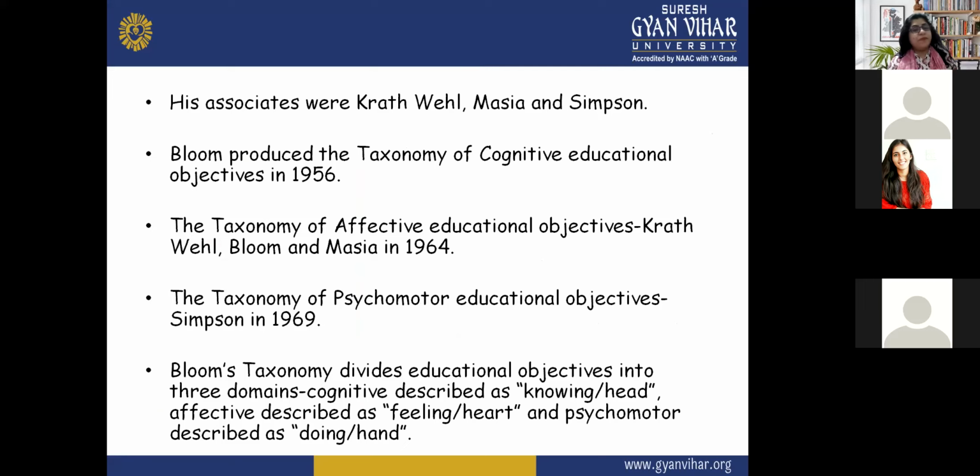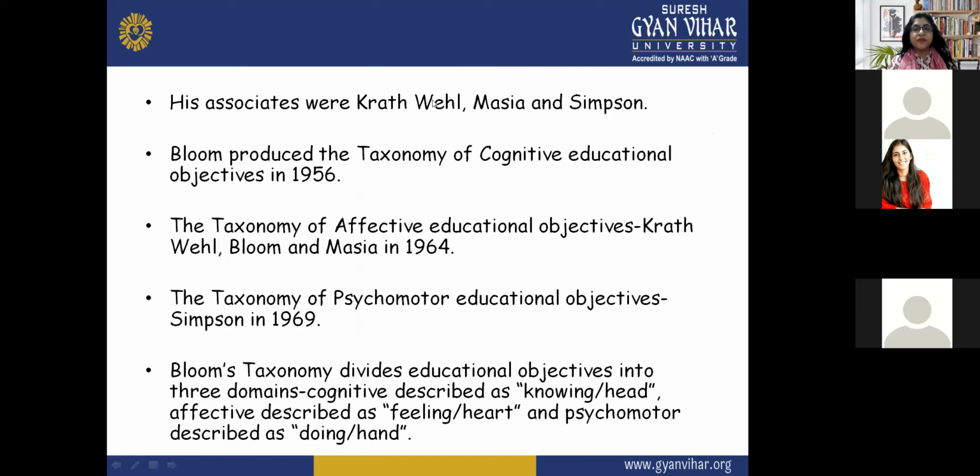Benjamin S. Bloom's associates were Krathwohl, Masia, and Simpson. This theory was also established by them, but the name of this theory is related to Benjamin S. Bloom. Bloom produced the taxonomy of cognitive educational objectives in 1956. Remember it, 1956.